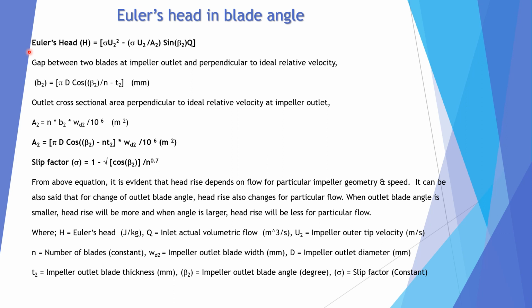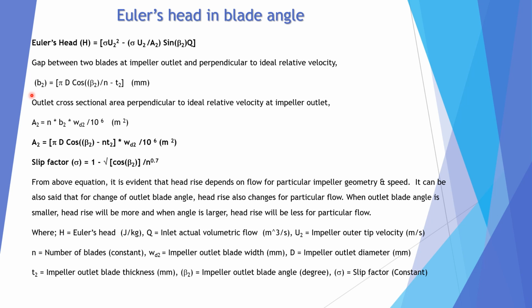So now let us express A2 in another form. The gap between two blades at impeller outlet and perpendicular to ideal relative velocity is expressed as B2 is equal to pi D cos beta 2 upon N minus T2 in millimeter.